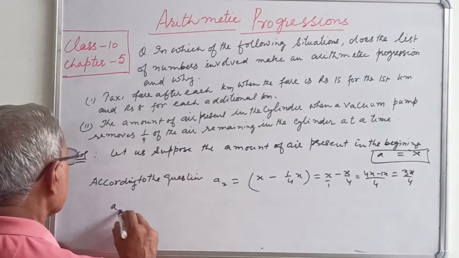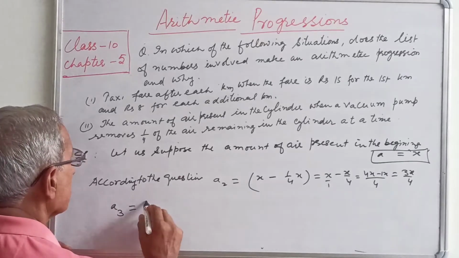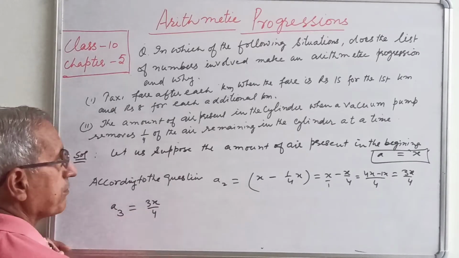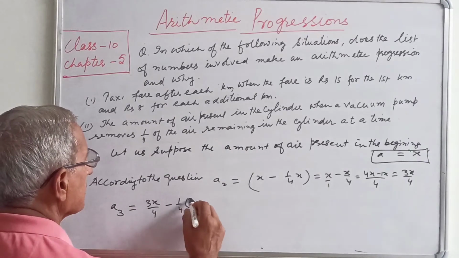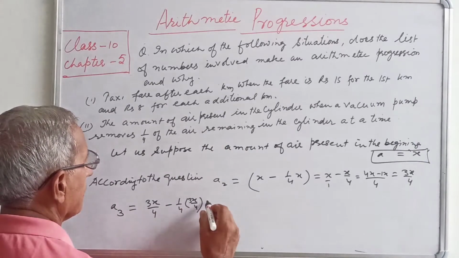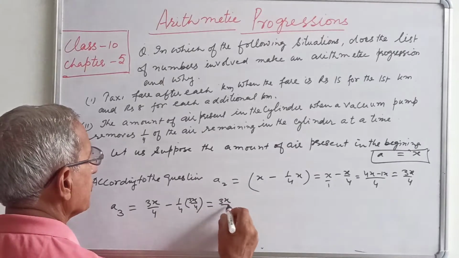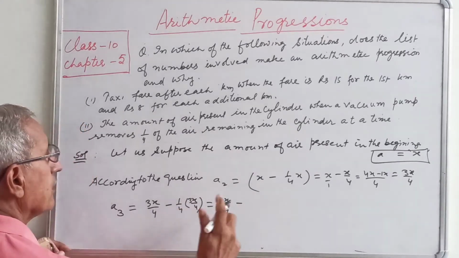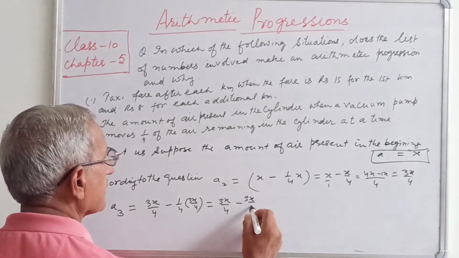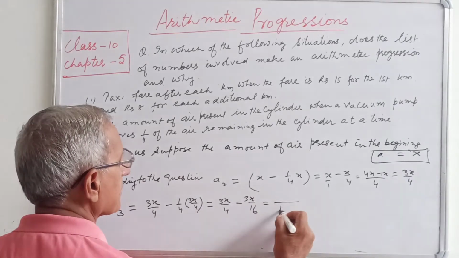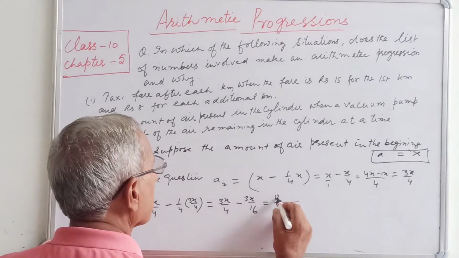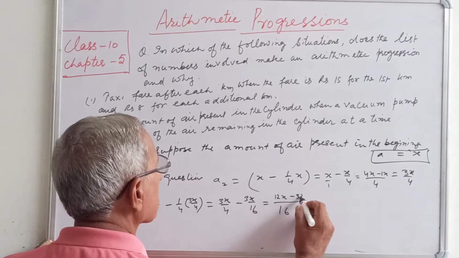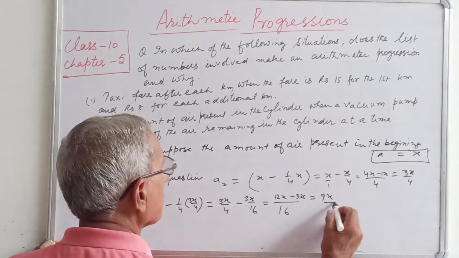Then A3 will be 3X upon 4, that is the present air, minus 1/4 of 3X upon 4. So 3X upon 4 minus 3X upon 16. The LCM is 16. So 12X minus 3X is equal to 9X upon 16.